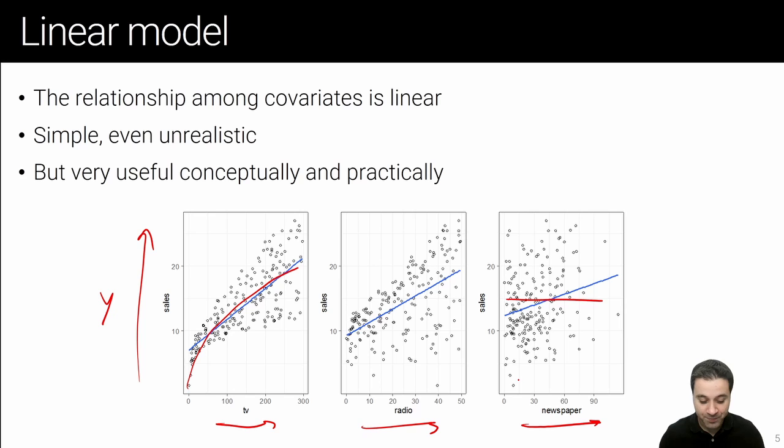But in any case, the thing about the linear model is that the relationship between the covariates is linear. So the relationship between the independent variables is linear. That is the structure. And that means two things. One, that it is going to be easy to understand.